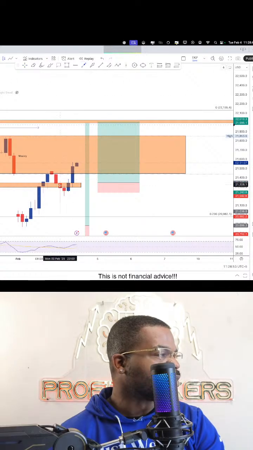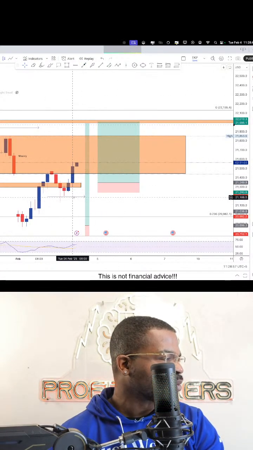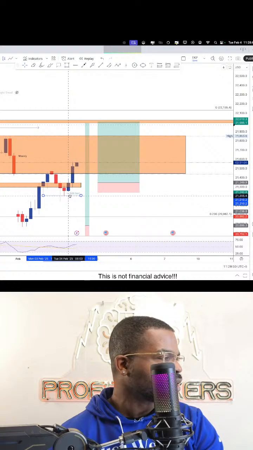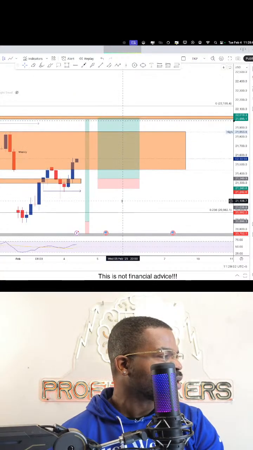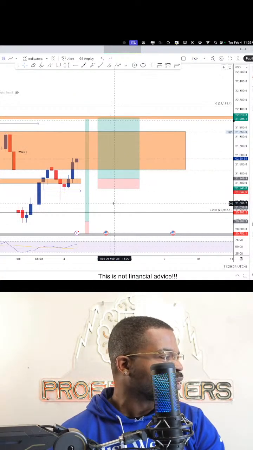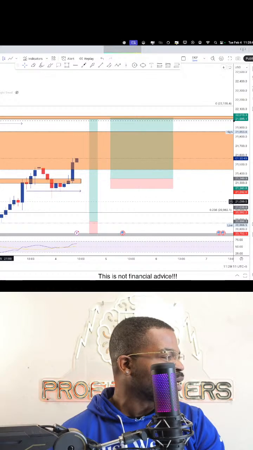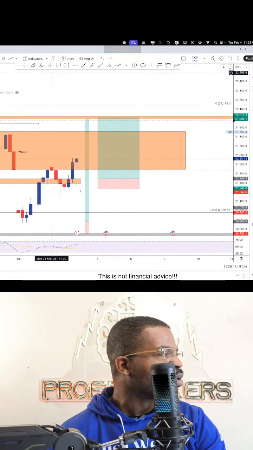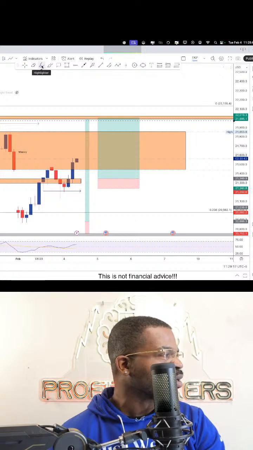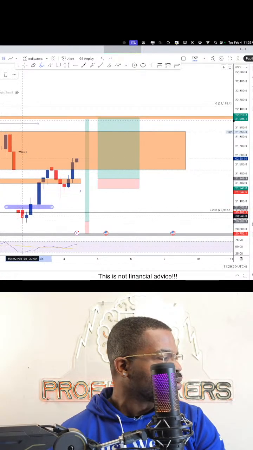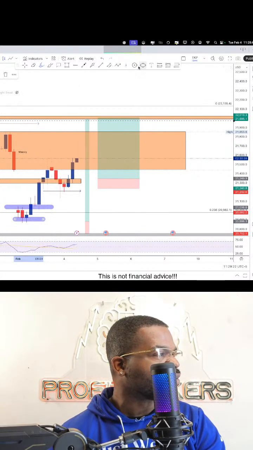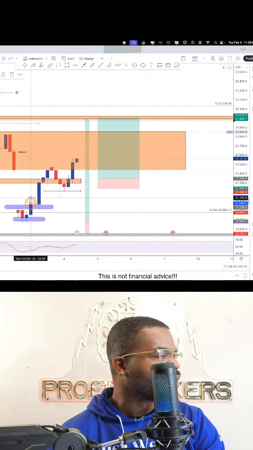I think we may need to be a little more patient on this entry. So right down here at this area, where price consolidated, we have this breakout.